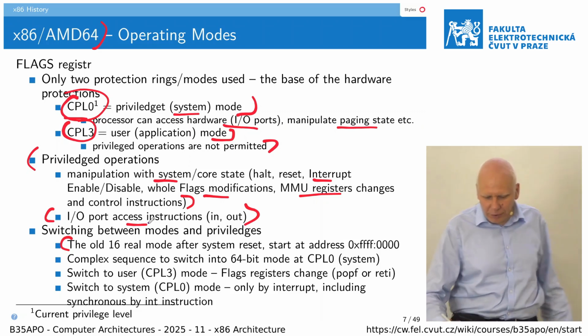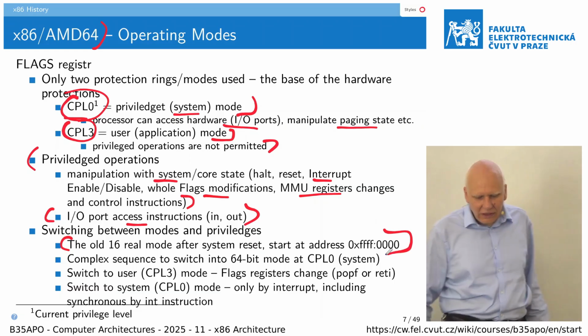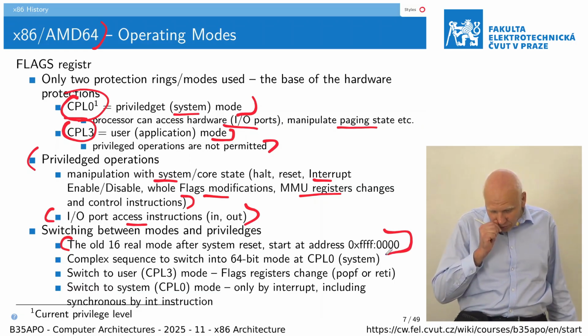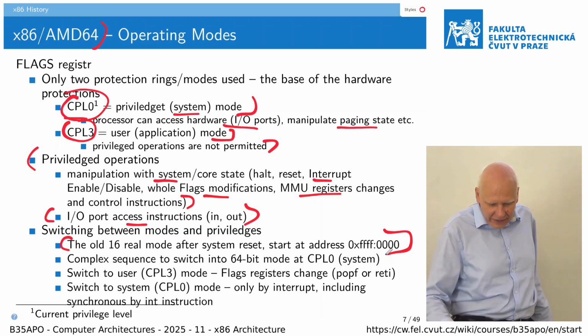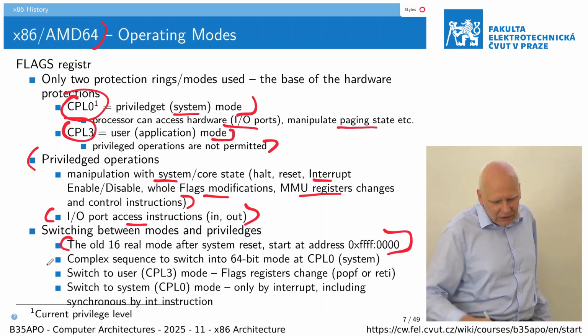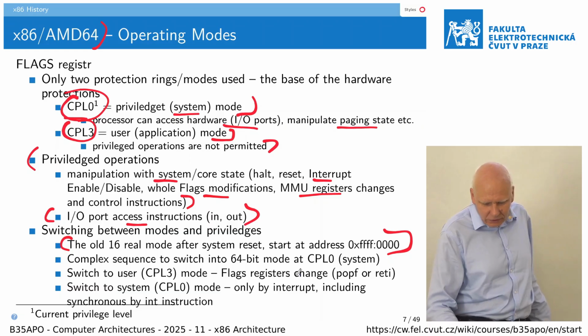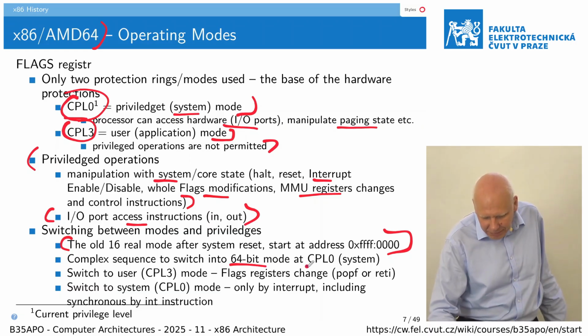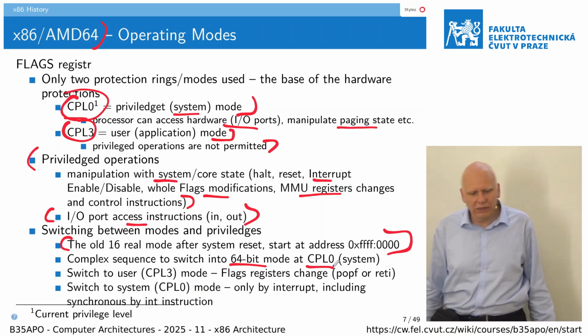But anyway, the processor starts in that DOS compatible mode at the start. Then we need to do the complex sequence to switch to 64-bit mode, and we appear in that system mode at the start.